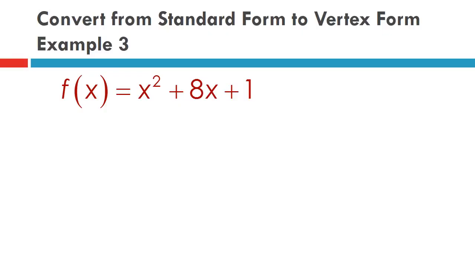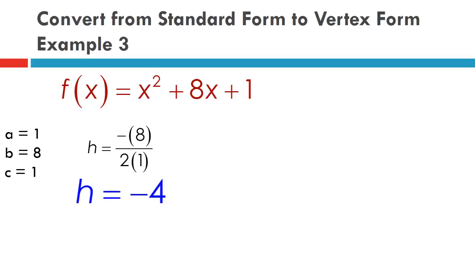So if we were to do this problem that way, we would first identify our a, b, and c. And then, as you can see, we would take b, plug it in, and it'll be negative b value, which is 8, over 2 times a, which is 1, and so we would get h is negative 4. And now, if I plug negative 4 into the equation, that's why we say the table, you could plug it into the equation and get f of negative 4 is equal to, and you just plug negative 4 in for each x value.